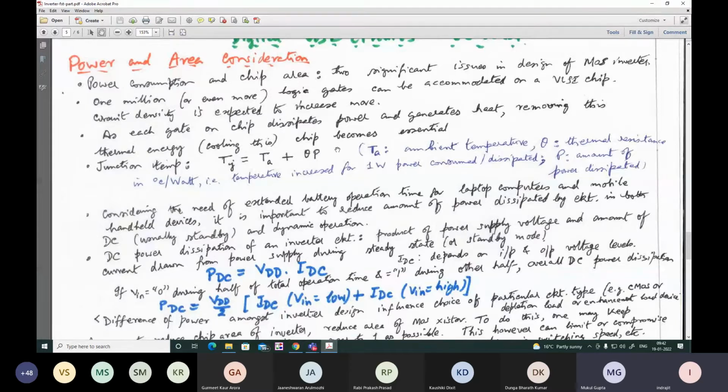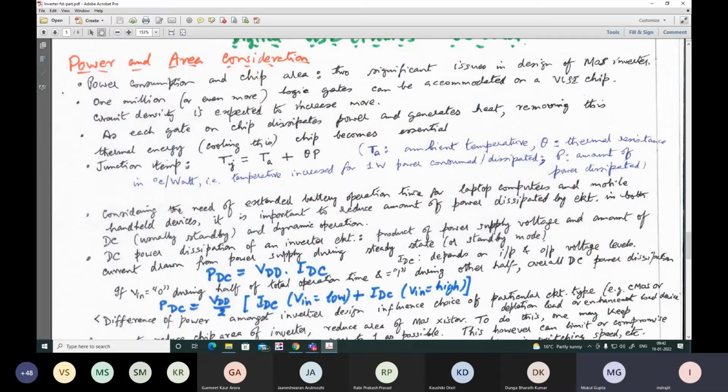If you look at the current expression, W by L into mu Cox by 2 into (VGS minus VT) whole square, what we can do is reduce W by L. Normally, people do not keep the channel length the same throughout a particular process node, so people tend to decrease the value of W.